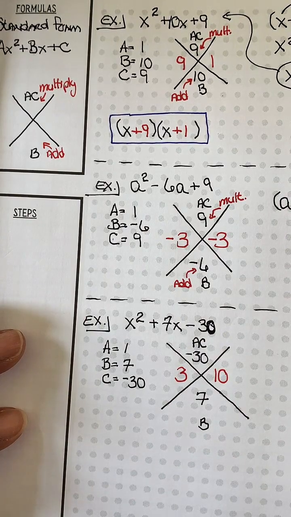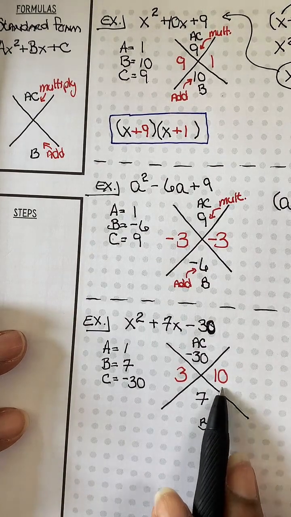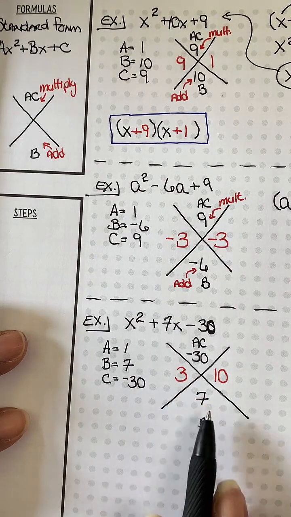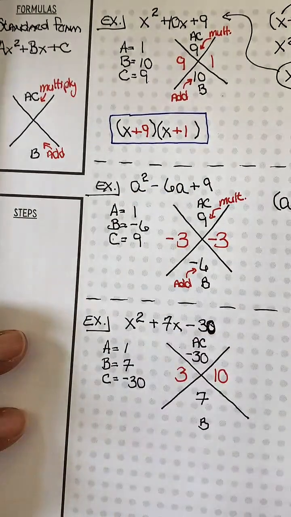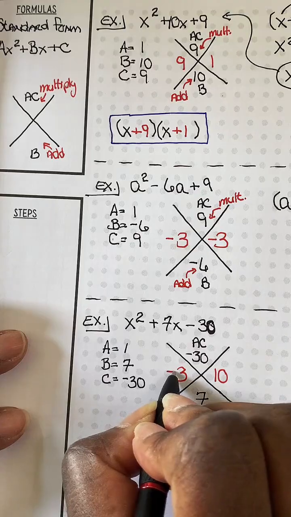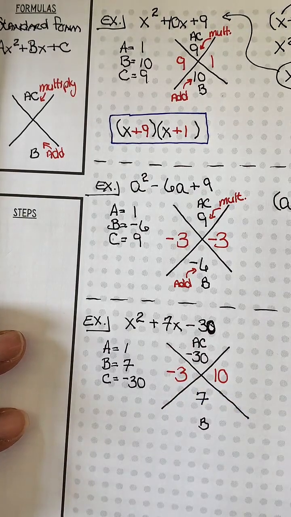If you're saying negative 10, that means you owe me $10 and then you paid me 3. Guess what? You still owe me $7. But if you have $10 and you spent 3, you will have $7 left over. That's a good thing. All right. So you want to make sure the 3 is negative.